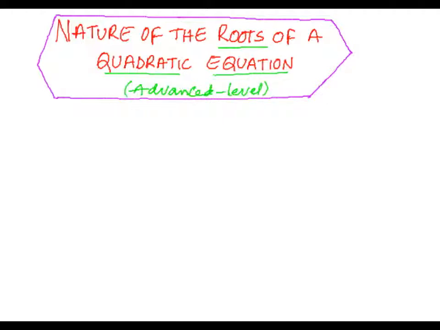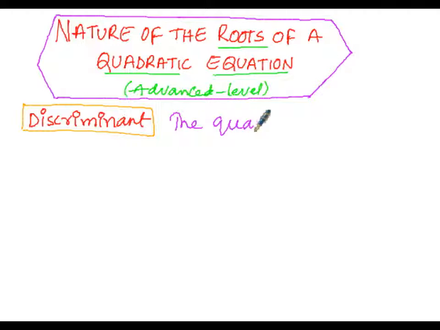So here, first of all, let us know about the discriminant. A quantity which is b square minus 4ac is called a discriminant.